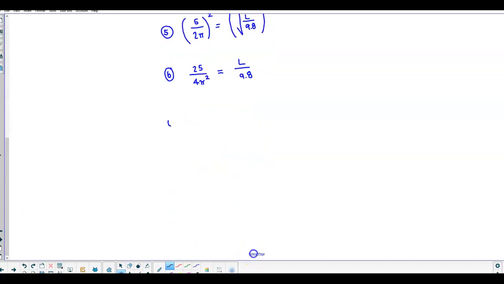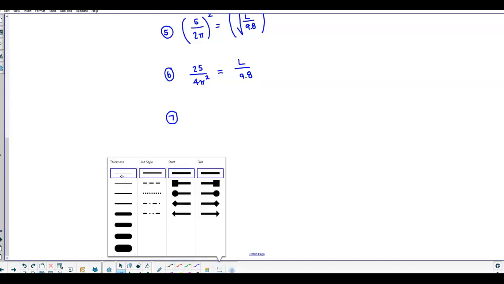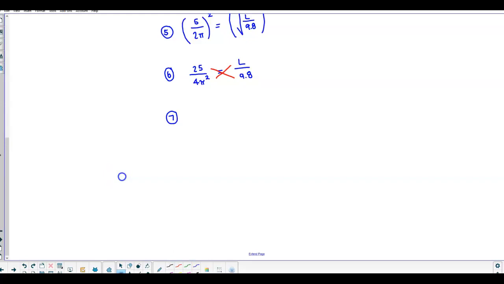So now in order to solve for L, we need to multiply both sides by 9.8. Or, what you can possibly do is the cross multiplication.